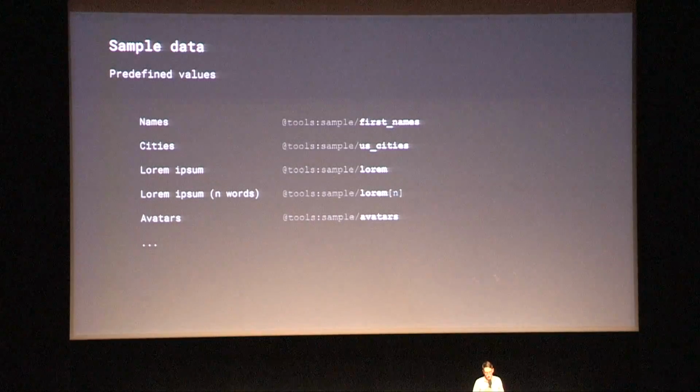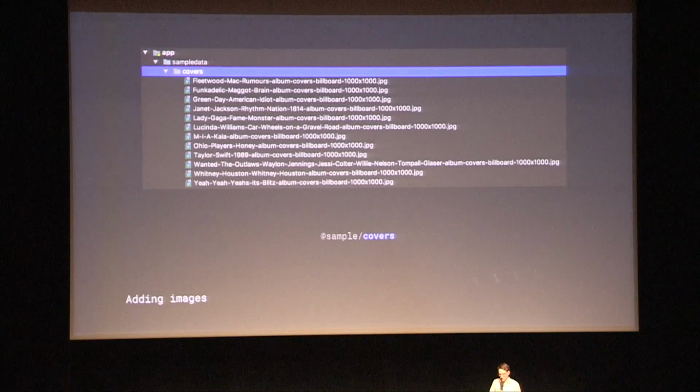And if you wanted to use images yourself, it's very easy to provide. So instead of writing a file of sample data, now you just create a new directory in your sample data folder. So here I have a directory called covers, and inside that directory, I added a whole bunch of images.